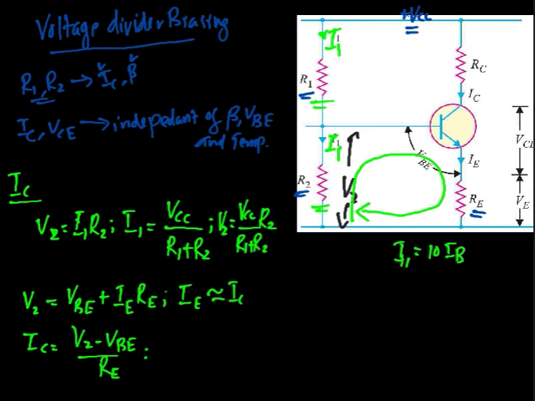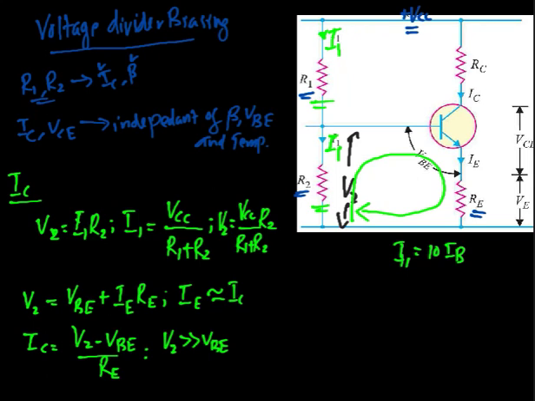Then we have VBE, but we know that V2 is very much greater than VBE, because VBE is less than 1 volt for almost all transistors, but the value of V2 will come around VCC by R1 plus R2 into R2. It is of the order of a few volts, around 30 to 40% of VCC will drop across R2.